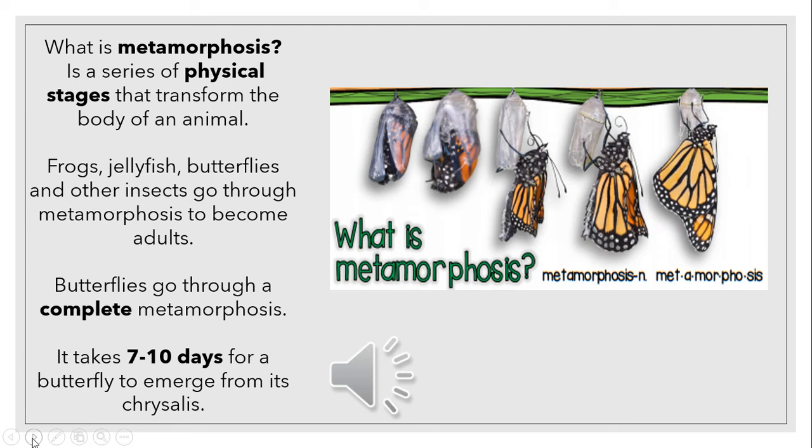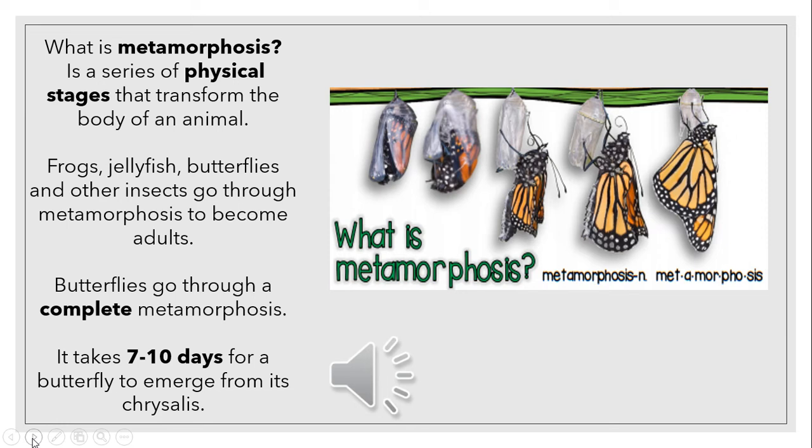So a butterfly starts as an egg, then it moves to a caterpillar, and the caterpillar is physically changing to become a butterfly. So the physical changes include making wings, getting antennae, things like that. Butterflies go through a complete metamorphosis.